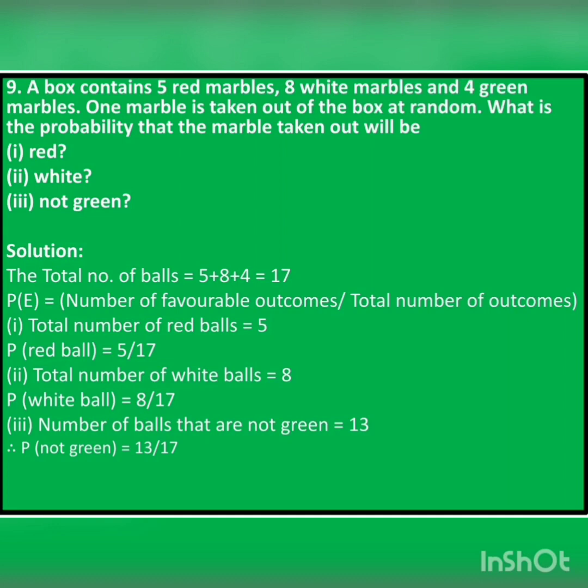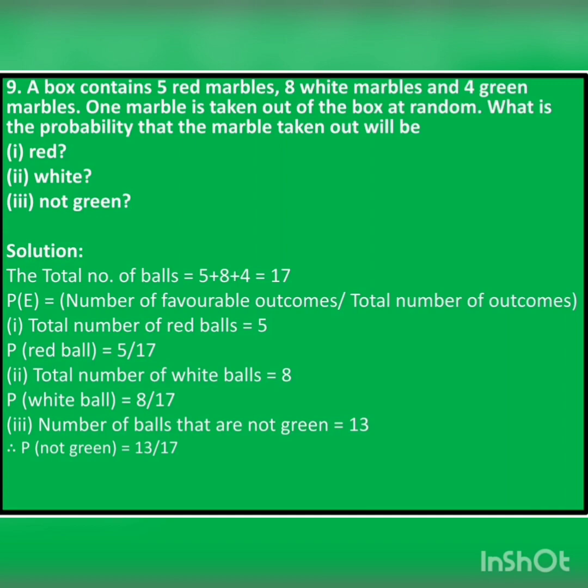Similarly for white, there are 8 white and total are 17, so its probability will be 8 over 17. And the last is not green. Let's count the marbles that are not green: 5 plus 8, 13. 13 marbles are not green, so its probability will be 13 over 17.